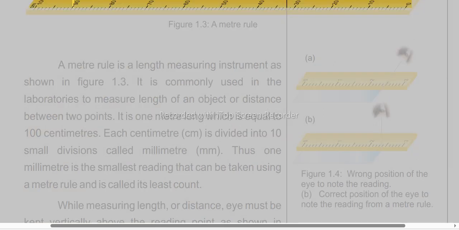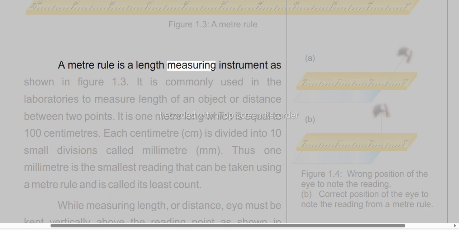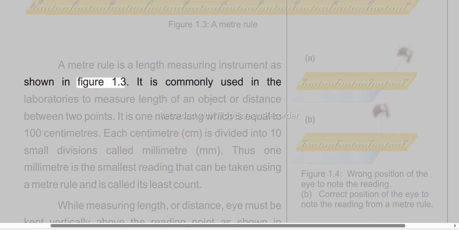A meter rule is a length measuring instrument as shown in Figure 1.3.